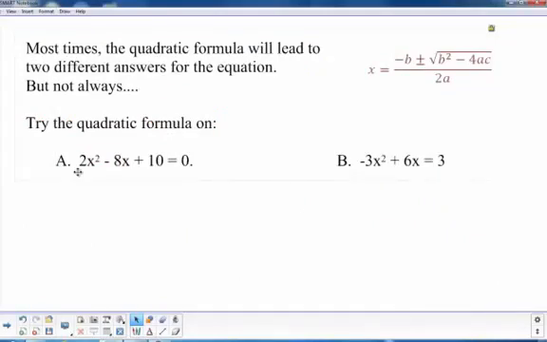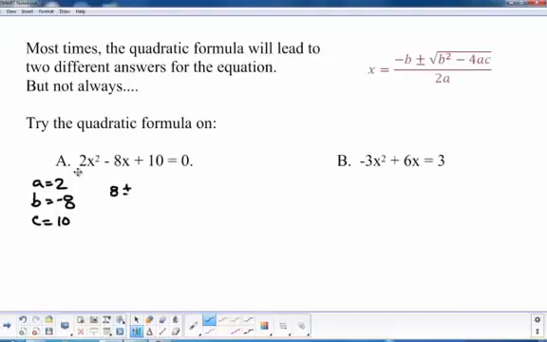We'll try a couple more. So, A is 2, B is negative 8, and C is 10. Negative b plus or minus square root b squared minus 4ac divided by 2a.